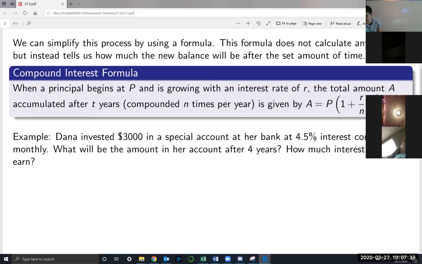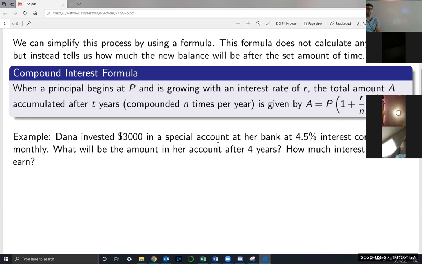And then T is the time in years that the loan is out for.